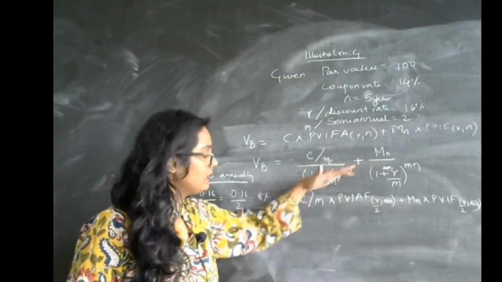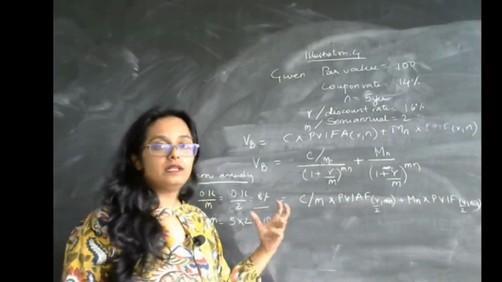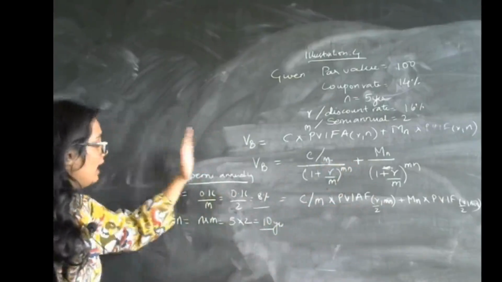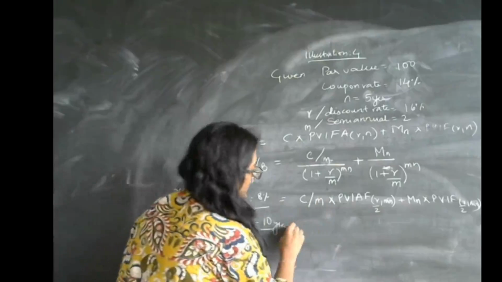Rather than making all the mess over here, you can just do your calculations at the side. You can show how you got the semi-annually part, and then you can continue over here.